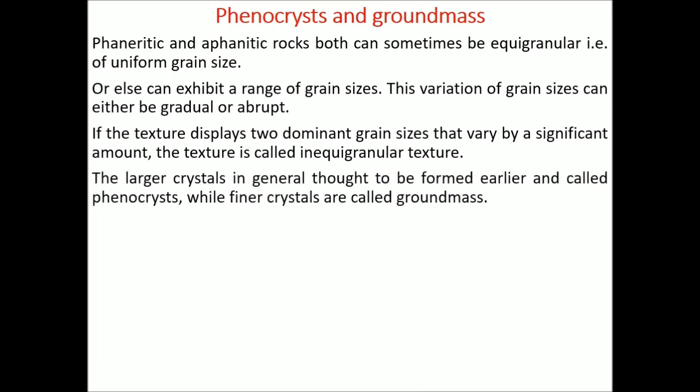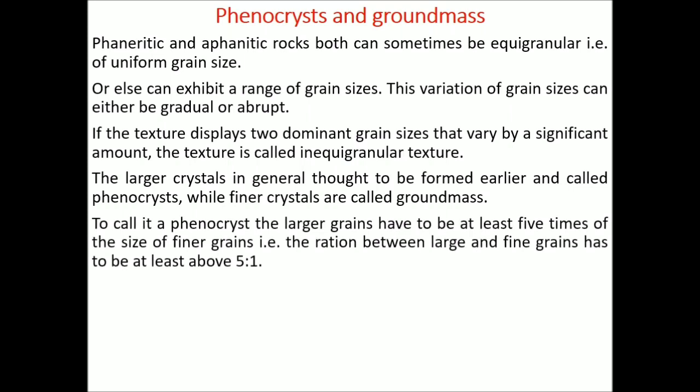So, larger crystals in general are thought to be formed earlier, though exceptions are there, and are called phenocrysts, while the finer crystals are called ground mass. So, to call it a phenocryst, if a 4 millimeter grain is engraved within the ground mass of 1 millimeter grains, it cannot be called a phenocryst.